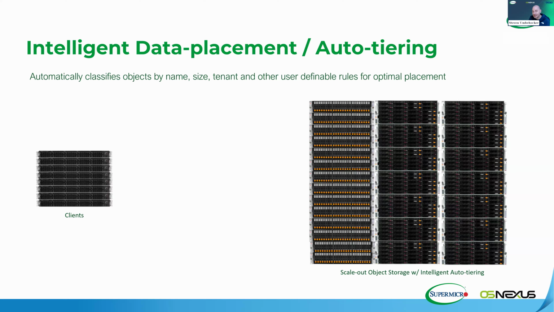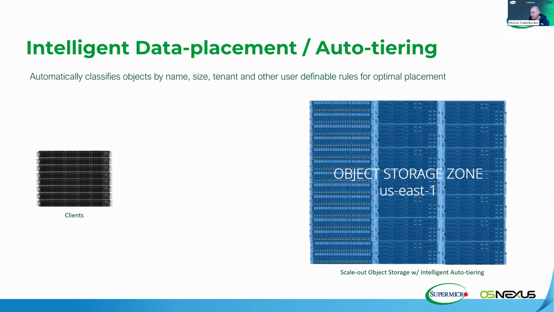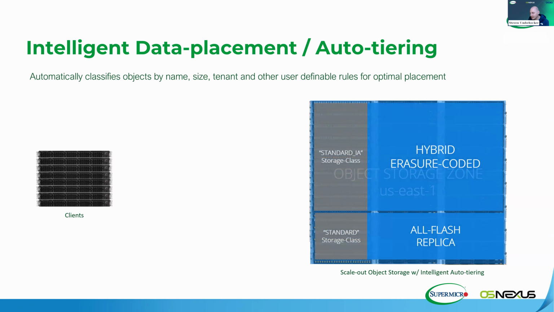But the small objects are a challenge when you're trying to write a 1 kilobyte or 4 kilobyte object to platter storage. It's super inefficient. It causes all kinds of slowdowns when you're trying to read that data from an erasure-coded stripe of data across hard drives. And so what QuantaStore does is it's got this unique tech in it that will take those objects and on the fly route them to the optimal storage classification.